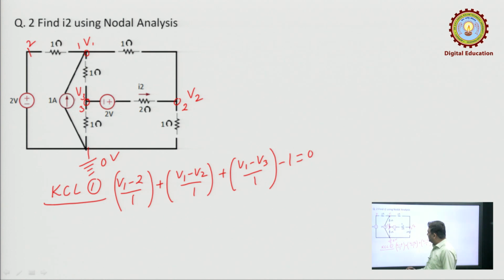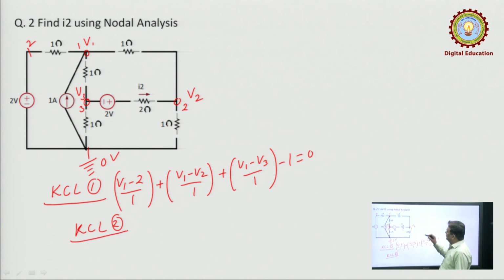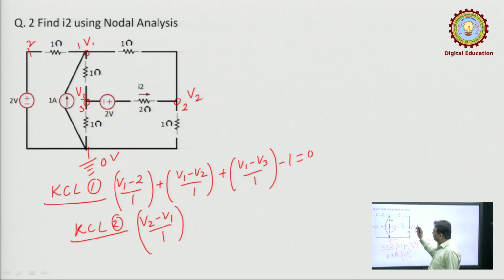Similarly, you can write KCL at 2. Now, to write KCL at node 2, you won't have any problem in writing current in this branch. It is V2 minus V1 upon 1. Because now we will consider V2 greater than all other nodes. No problem in writing current in this branch V2 minus 0 upon 1.